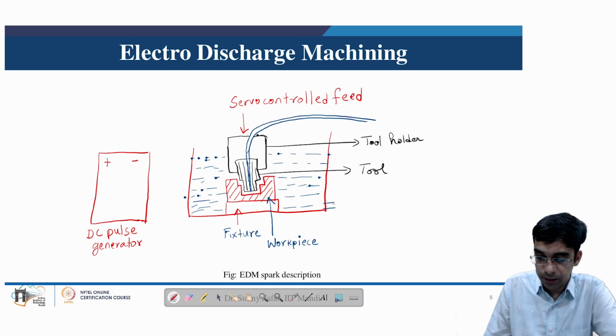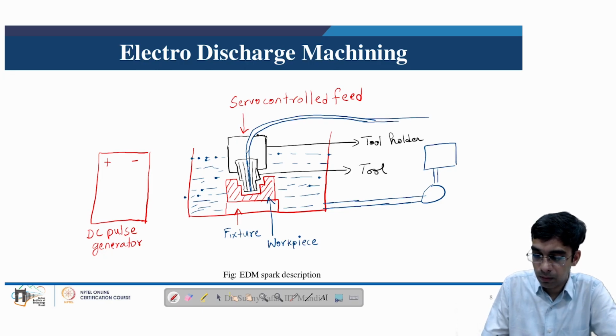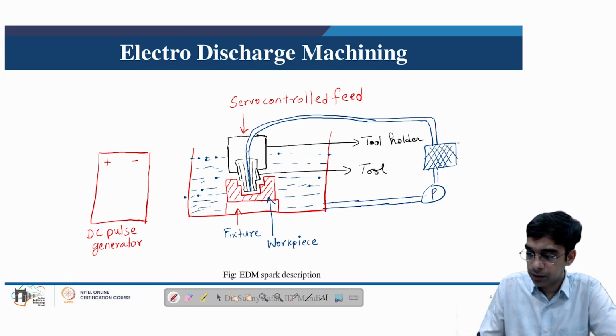And here to recirculate the dielectric we have the arrangement of a pump and filter. This is the filter.